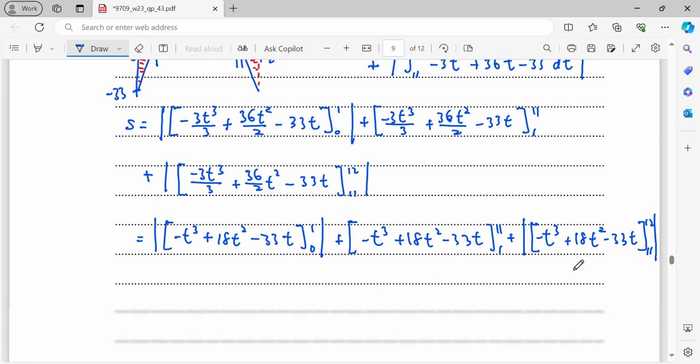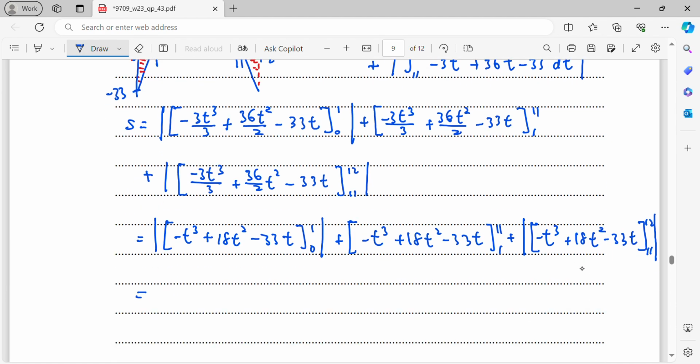Okay, then now you just replace the limits. So the first one is 1. So minus 1 cubed is minus 1. Okay, then plus, when you replace t by 1, it will be 18 for the second term and minus 33 for the last term. And when you replace t by 0, everything is 0. Okay, now for the next one, you replace t by 11.